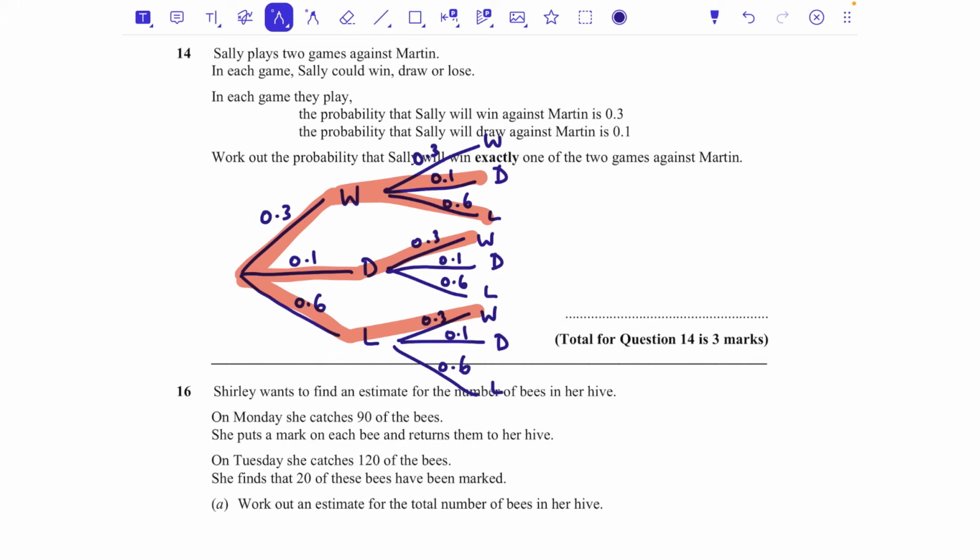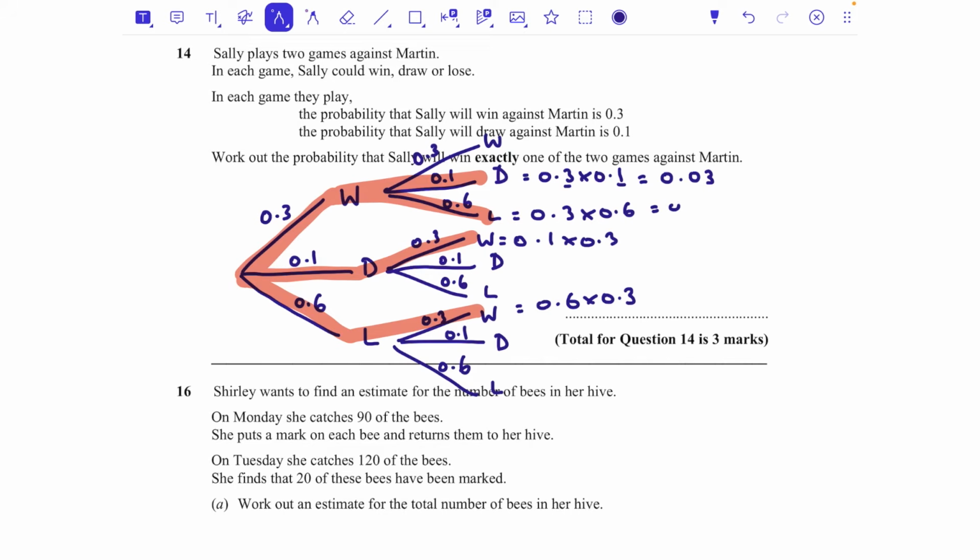So we times along the branches, 0.3 times 0.1 for that one, 0.3 times 0.6 for that one, 0.1 times 0.3 for that one, and 0.6 times 0.3 for that one. Now when you multiply decimals, however many numbers are after the decimal point will stay after the decimal point. So if you think about this first one, 3 times 1 is 3, but there are 2 numbers after the decimal point, so it would be 0.03.